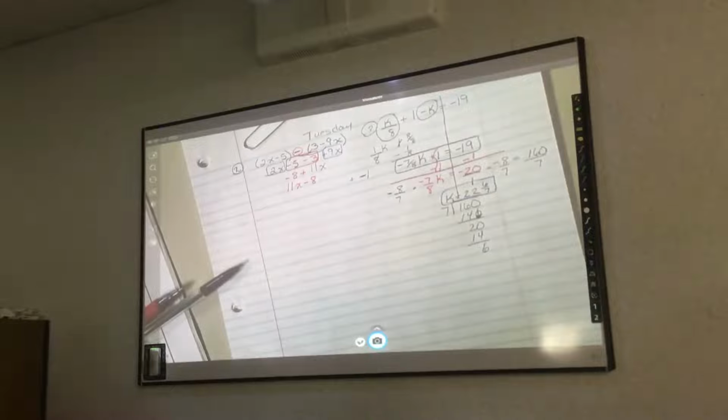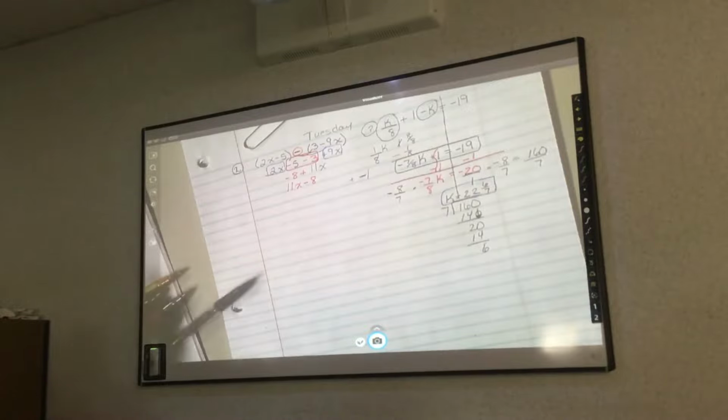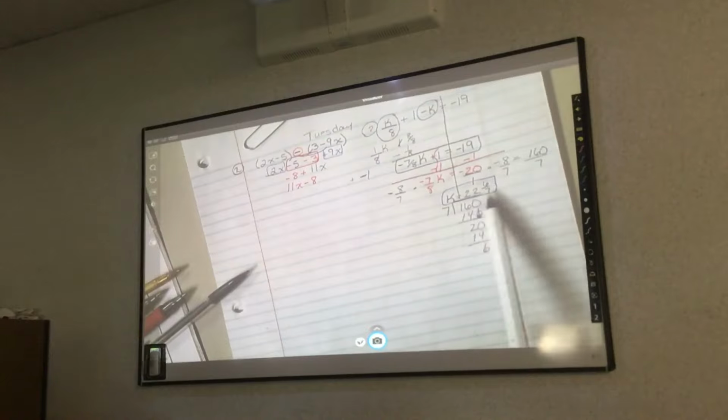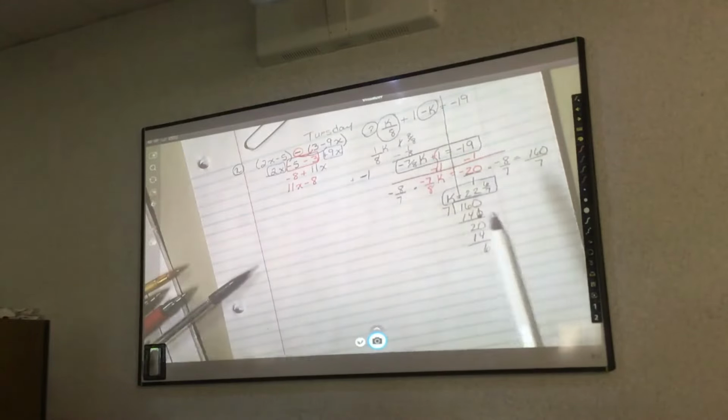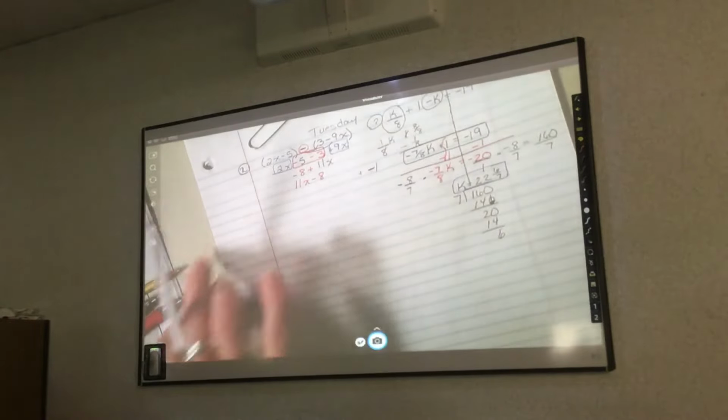So 22.8571, and then did you round it to at least like the hundredths place or tenths place? No. Okay. You can round it, and you can leave it in a decimal. I'm going to tell you for the quiz, it's going to either be the improper fraction or the mixed number. Okay? But way to get it that far. Nice job.